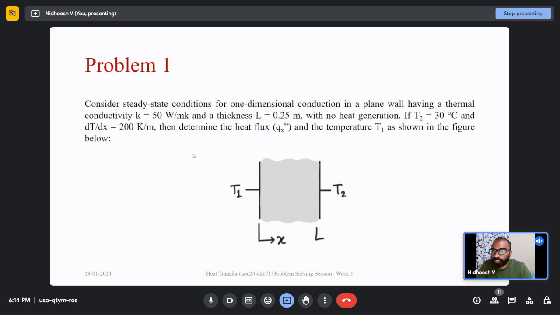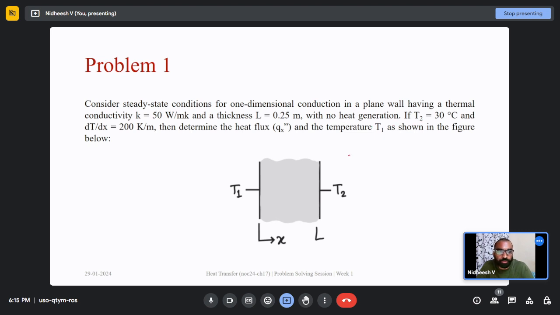You can see the first problem on screen. Just take 2 minutes to go through it. I will read the question for you. Consider steady state conditions for one-dimensional conduction in a plane wall having a thermal conductivity K equal to 50 watts per meter Kelvin and a thickness L equal to 0.25 meters with no heat generation.